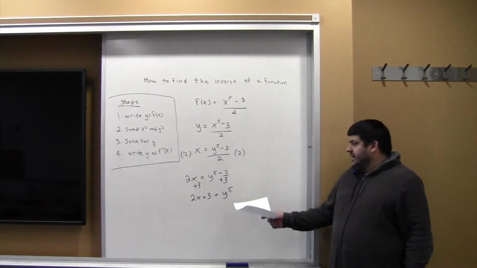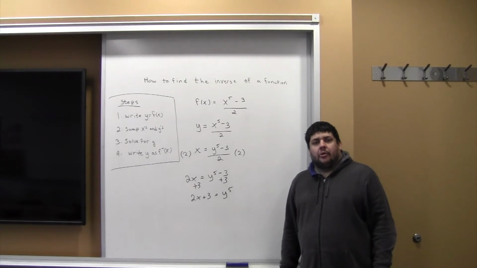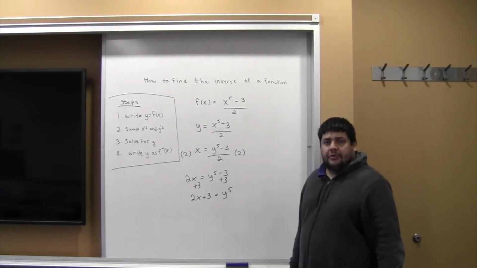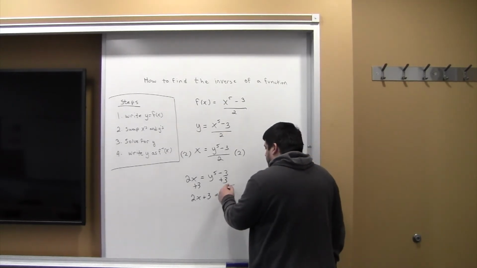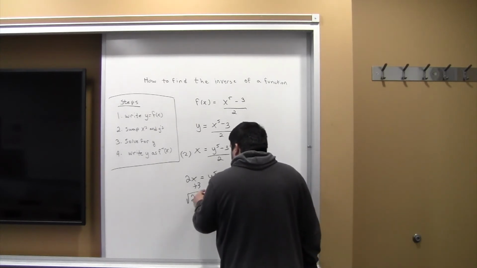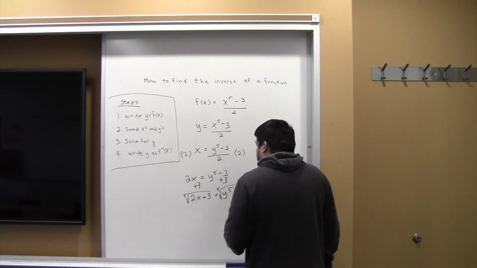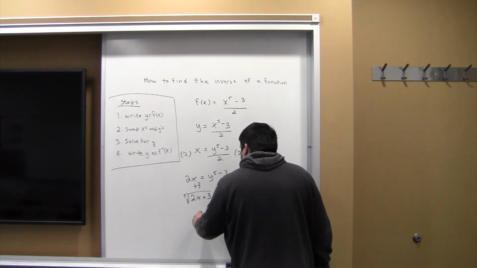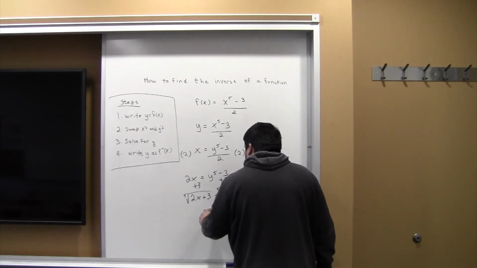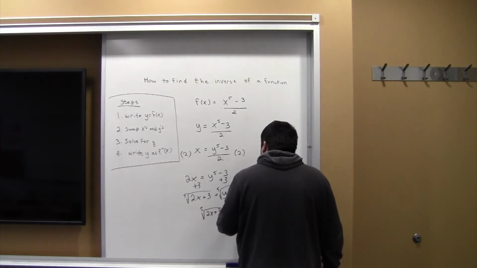And finally, we need to get rid of this 5th power on the y, so we can take the 5th root of both sides. All right, which gives us the 5th root of 2x plus 3 is equal to y.